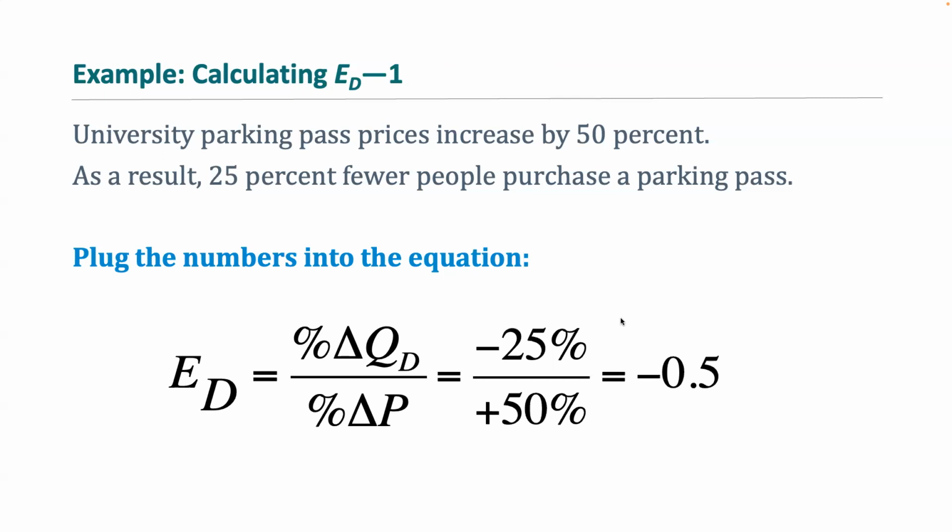So in this case, for our numerator, our percent change in the quantity demanded is minus 25%, and that's because 25% fewer people will purchase a parking pass. Our denominator, the percent change in price, is going to be plus 50% because we end up going up in price by 50%. When we divide negative 25 by 50%, we end up with negative 0.5 as our answer.